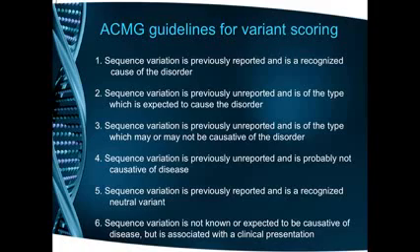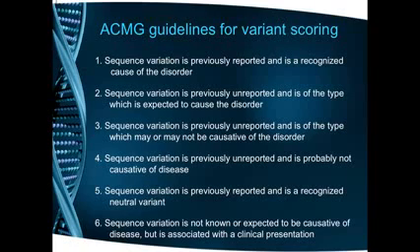Category 3 is when they're novel and typically missense mutations, so you don't really know whether they're going to cause disease or not. Category 4 is when they're novel and probably not causative of disease, and these might be mutations further out into introns where there might be an effect on splicing, but it's not very likely.